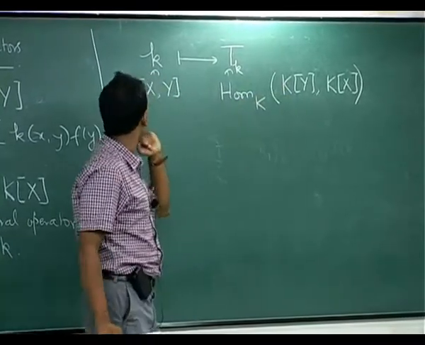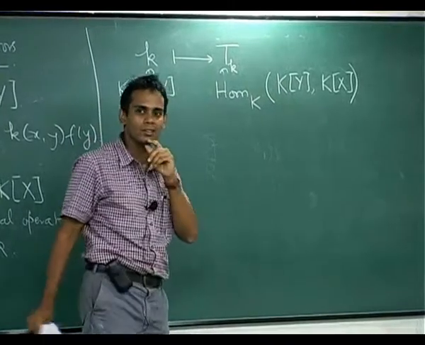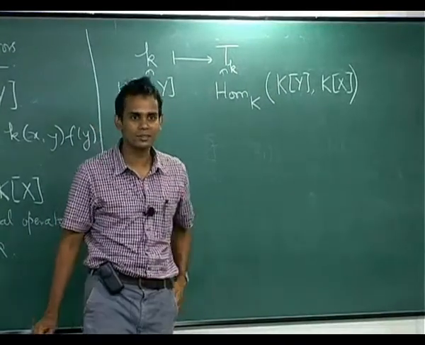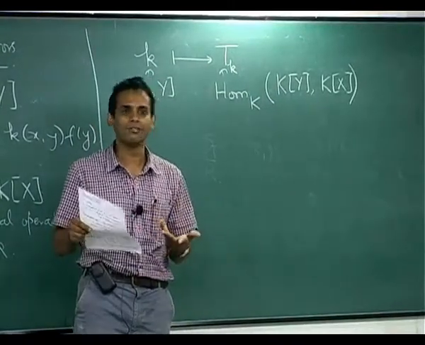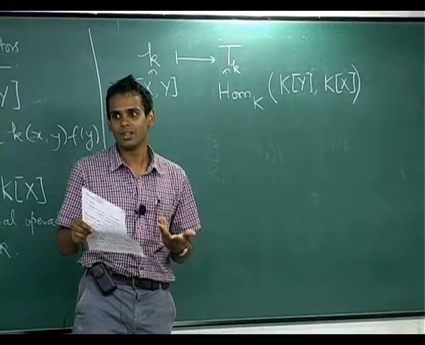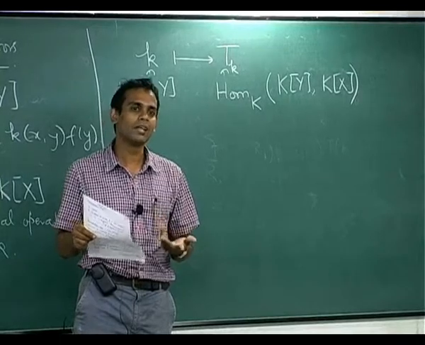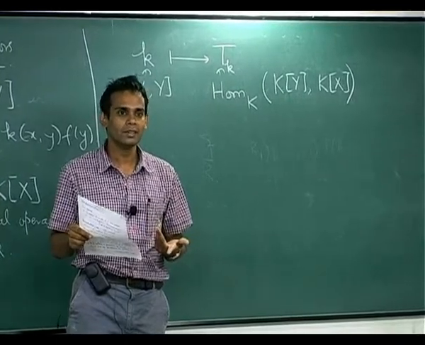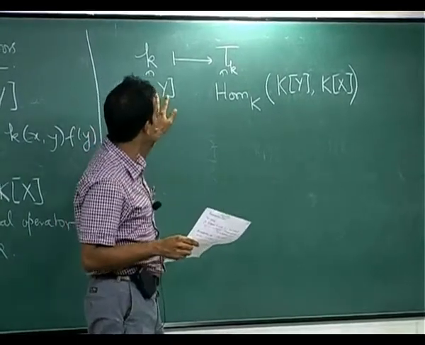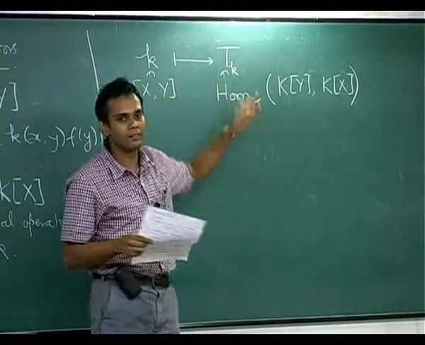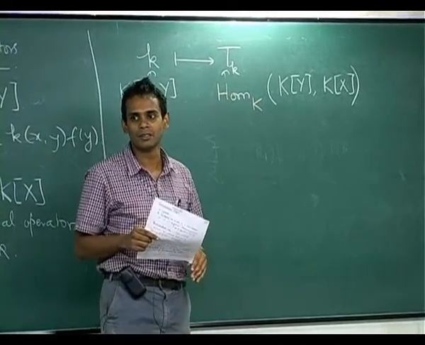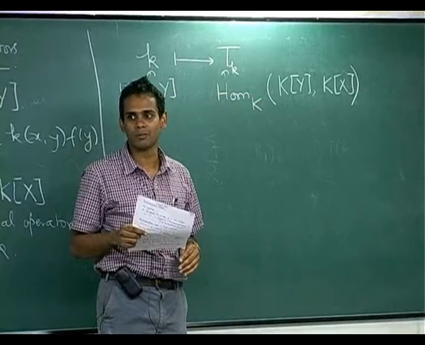The second thing you may notice is that if k is non-zero, then T_k is non-zero. You can just construct a function on which it is non-zero. You'll have to just think about that for a moment. It's easy. So k goes to T_k is injective, and it's a linear map from a vector space of a certain dimension to another vector space of the same dimension. Therefore, it's an isomorphism of vector spaces.